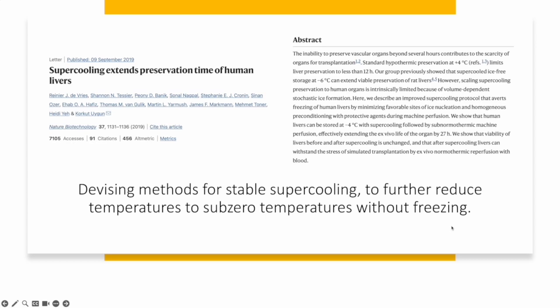Now there are a couple of new technologies that have been developed to reduce the temperature to sub-freezing temperature. One of them is supercooling, from the group at Harvard and MIT, Mehmet and Yarmush. They have developed techniques for stable supercooling.